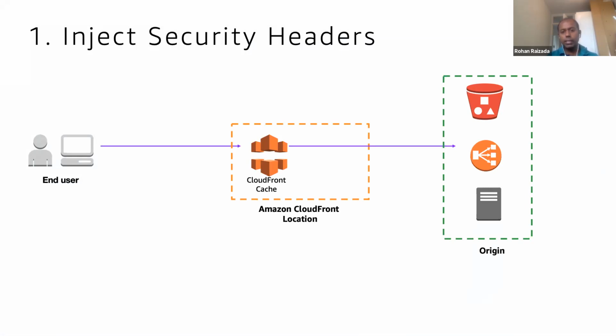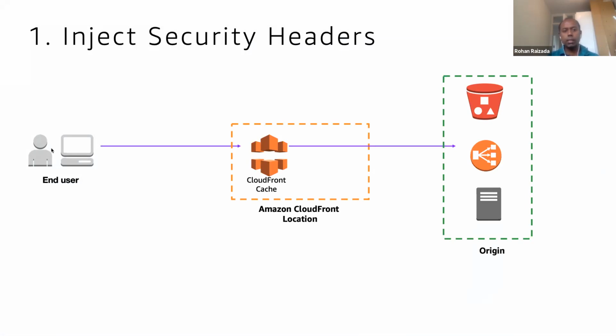In this case, the customer was in the financial sector, and they could have very easily done it at the origin. But because it was a legacy application, they didn't really want to touch it or maintain it. What they did instead was make use of Lambda Edge.